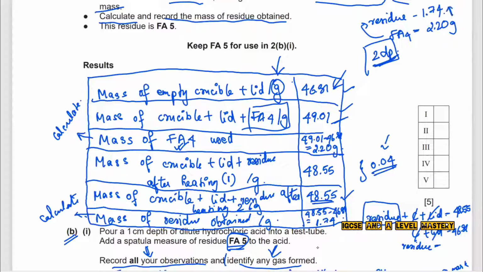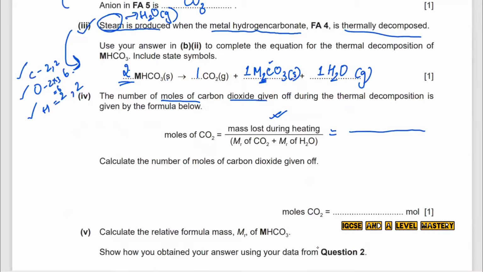So something is being lost over here. That is why there is a difference, right? So the mass lost will be obtained by subtracting the mass of the residue from the mass of Fa4. So it will be 2.20 minus 1.74 divided by the mass of carbon dioxide.